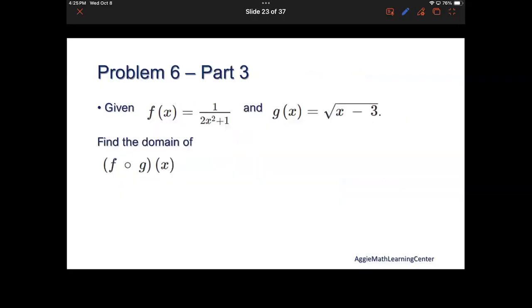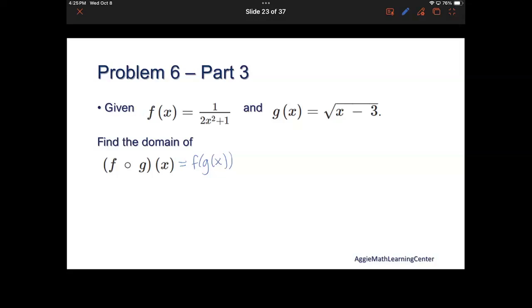Now we're going to put it to work, because this will help us solidify what all those words mean. Okay. So let's find the domain of f composed of g of x. And I'm going to do the thing that I keep telling you I like to do. I'm just going to write it down.